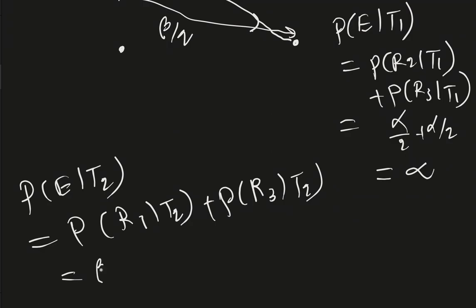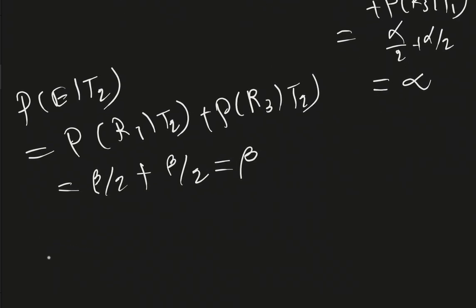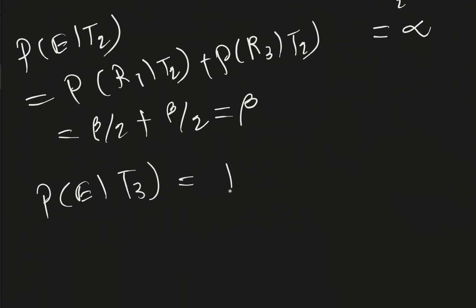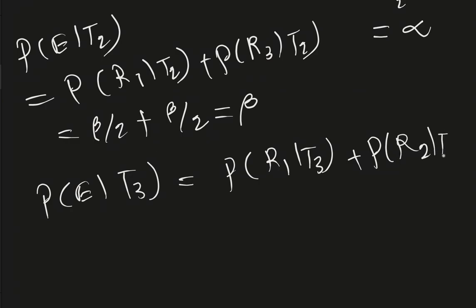So this is beta by 2 plus beta by 2, that is beta. And P of error given T3: that means either here it is going or here it is going, 1 or 2. So probability of R1 given T3 plus probability of R2 given T3 is gamma by 2 plus gamma by 2, which is gamma.